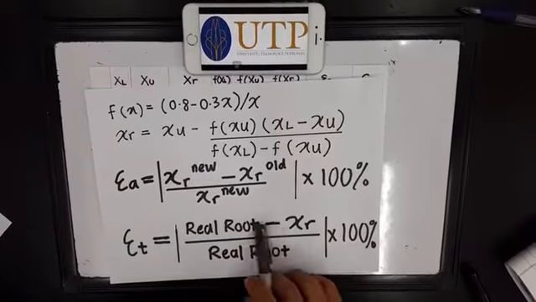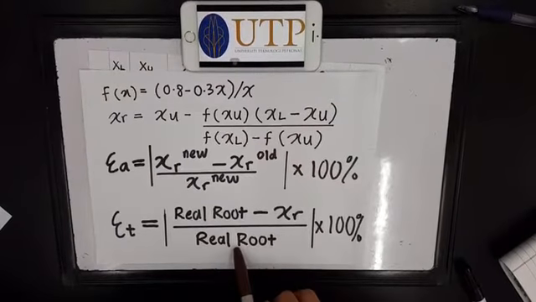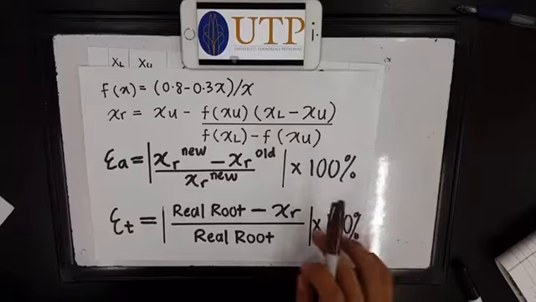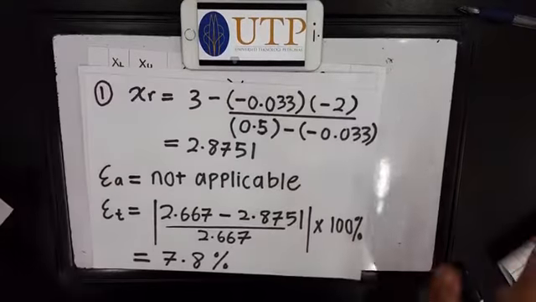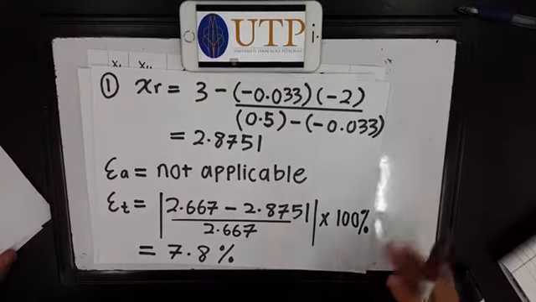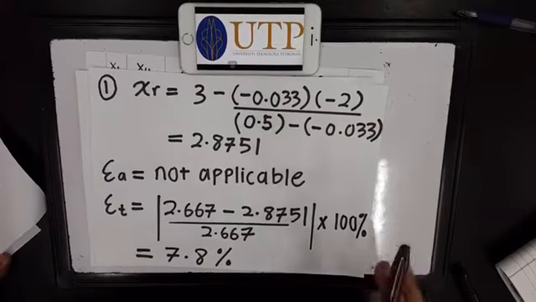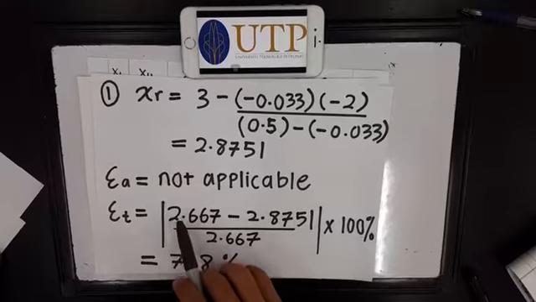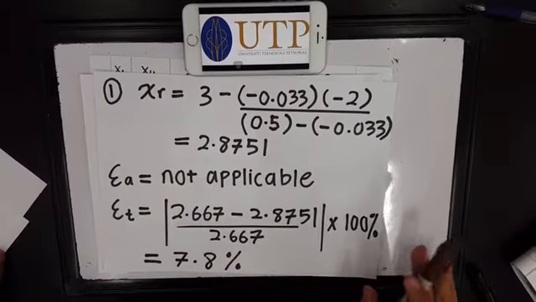Lastly, we need to find the true error, which is the real root minus the midpoint, divided by the real root, times 100%. The real root that we obtained from the first part of our solution is 2.667.